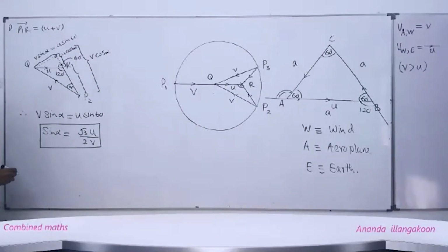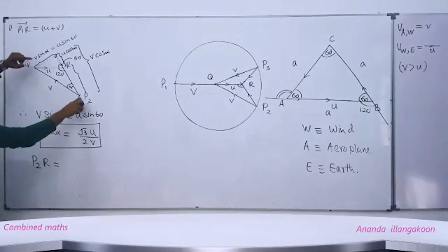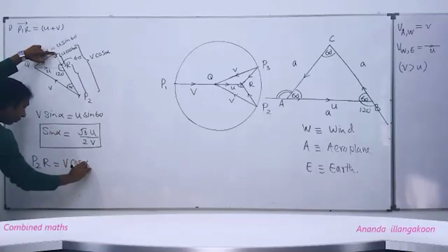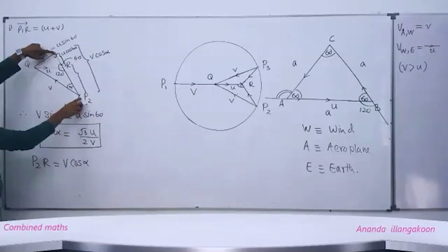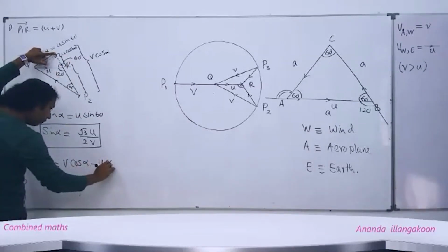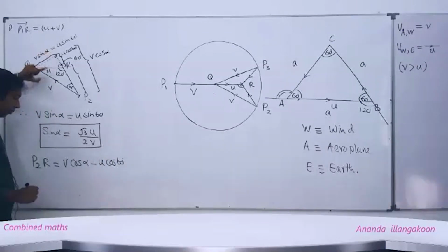That's right. Then we can write P2R is equal to the whole length, V cos alpha, from that subtract U cos 60.